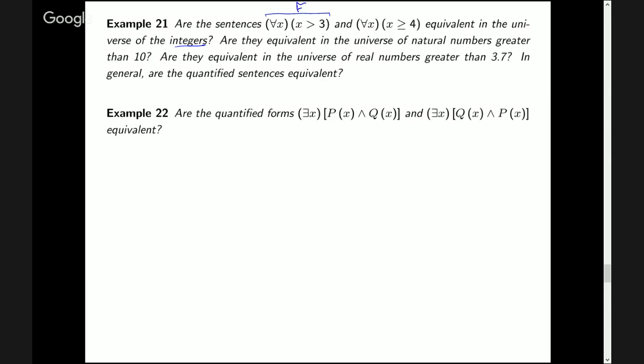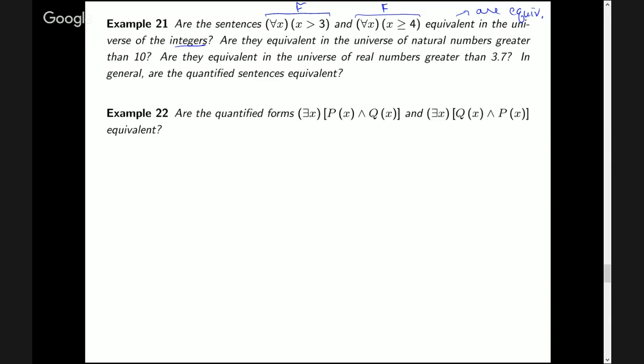So that would be false because it says for all. How about for all x, x is greater than or equal to 4 in the integers? 2 is still in the integers and that doesn't work. So they have the same truth value. They're both false, so they are equivalent in the integers.